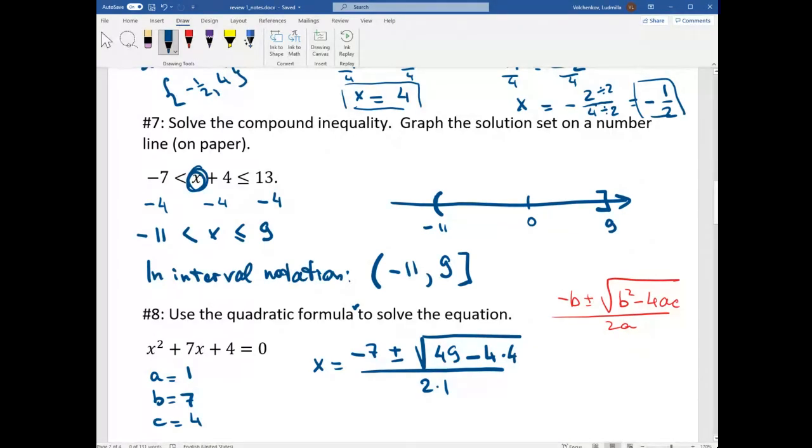A student types, okay, the asymptote is 5, but Pearson requires to write y equals 5, because y equals 5 is not the same as 5 in this case. Y equals 5 is an equation of a line, and 5 is a number. So in the cases that I have seen, the student sent it to me and Pearson was correct. But many students just don't email me when they have such problems.